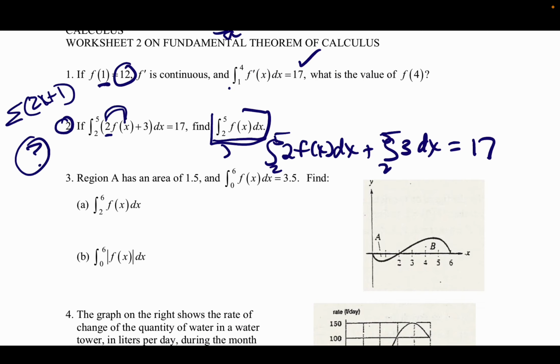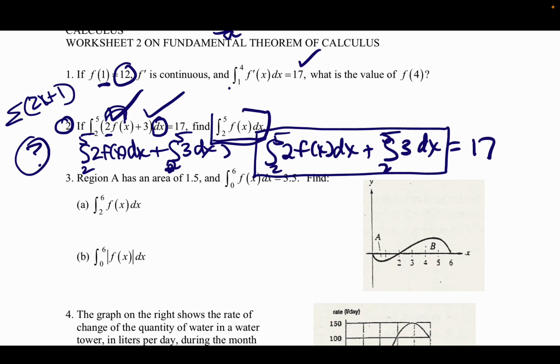So here, this is like a German S. So I'm going to say 2f of x dx, because this is just part of the symbol. And then the integral of 3 dx. And they're both going from 2 to 5. So you can just go down the line integrating this and then integrating this. So what I have is right here. It's okay to factor out coefficients because you're just multiplying by it.